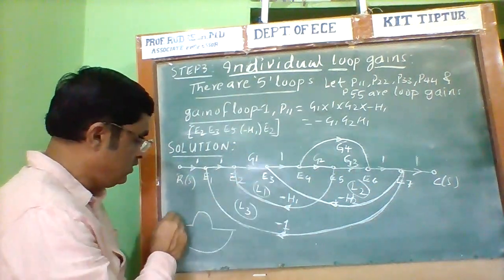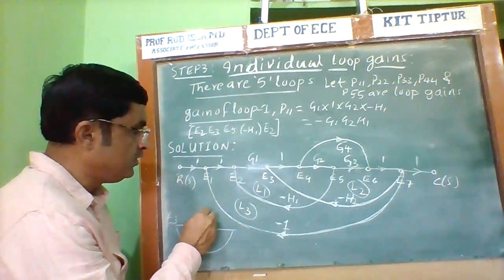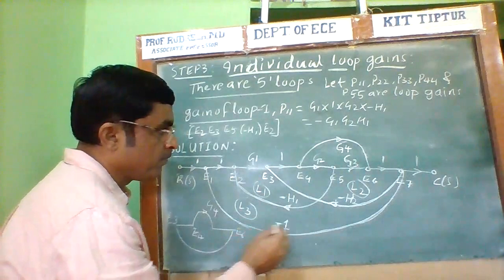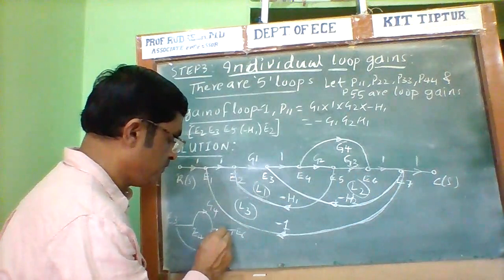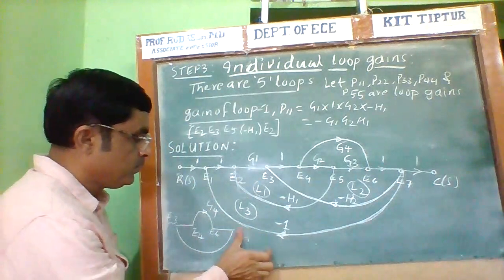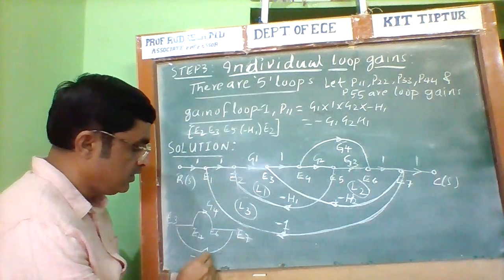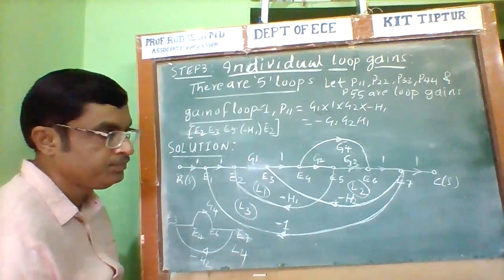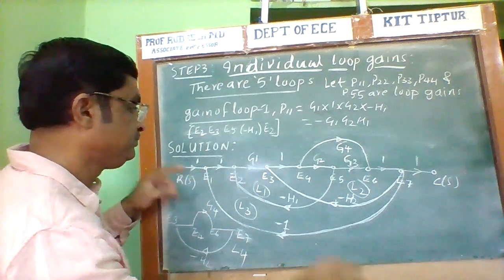starts from this E3 node, goes to the E4 node via G4 and E6, then E7, via minus H2. This is loop 4, and similarly another loop is here.